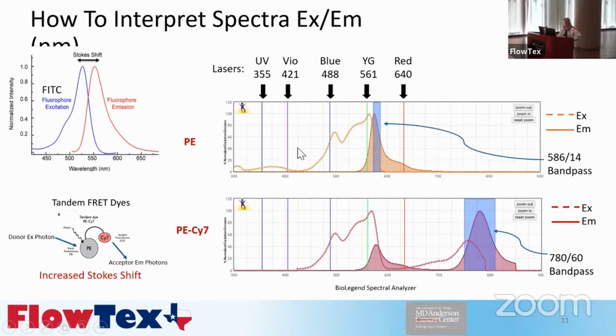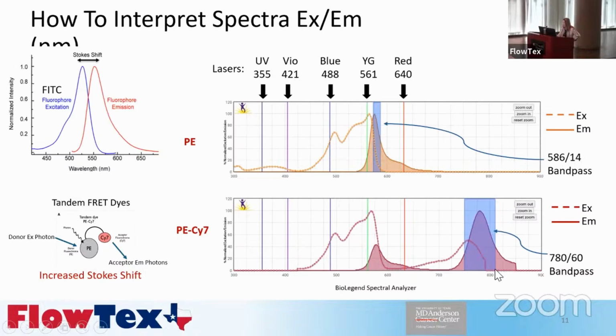So these are the excitation and emission wavelengths for PE at the top and PE-Cy7 at the bottom. The dotted line here is the excitation, and the solid filled histogram is the emission wavelengths. So nanometers on the bottom, and what we're doing here is we're looking at PE, and the filter that we use for PE, the optical band, is shown here in the blue box, and you can see that that's going to be a 586/14.